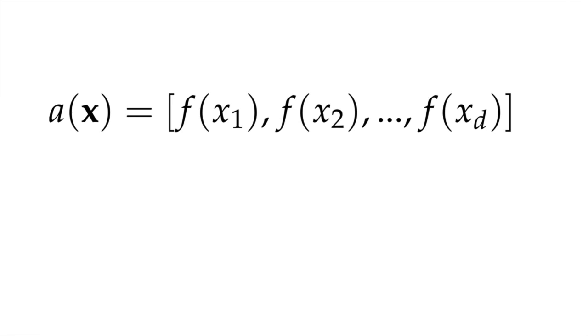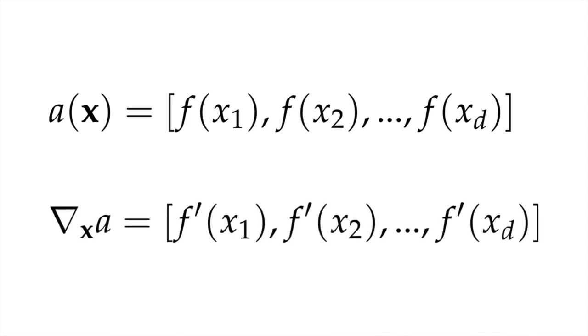In the element-wise case, such as for an activation function, where the output of the function is a vector where each of the elements is the particular scalar function applied to the individual element of the input vector, then the gradient vector will just be the vector of the individual derivatives at each of those elements.